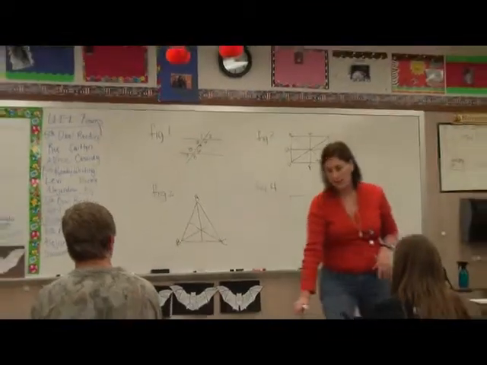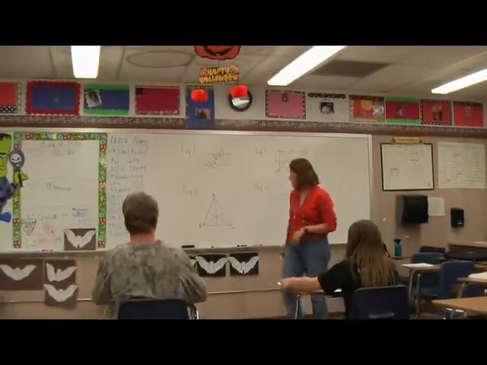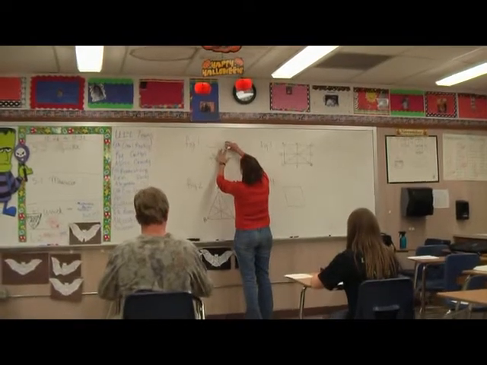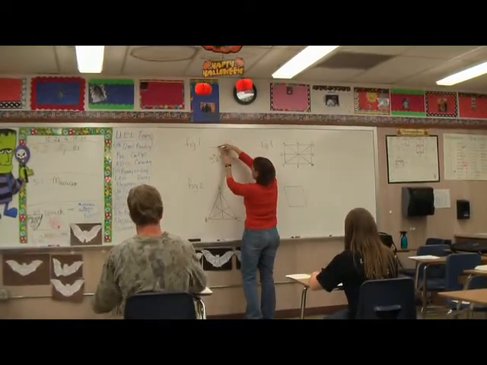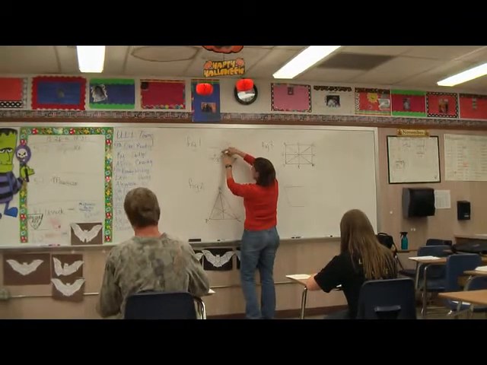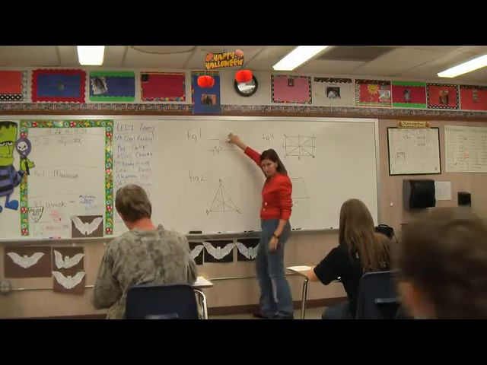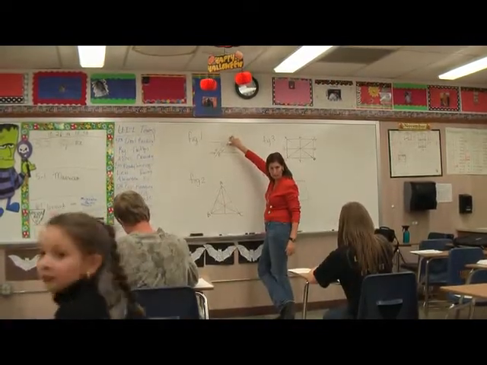So, everybody has a piece of patty paper. I want you to take your patty paper and, first of all, make a line and trace angles 1 and 2 and 3 and 4 for me on your patty paper.